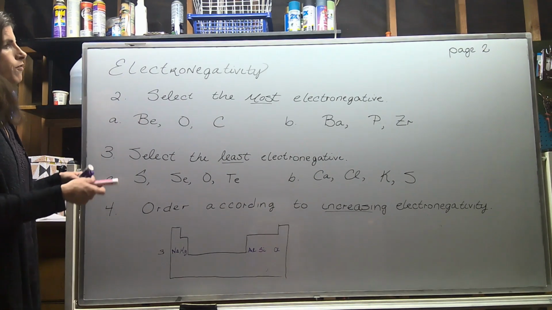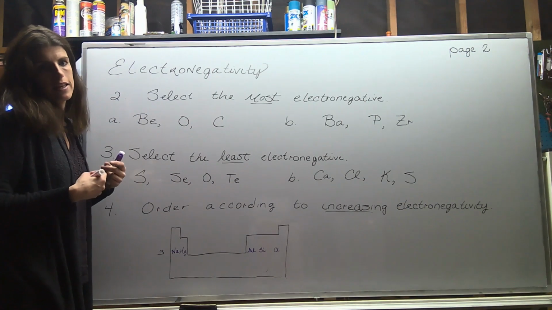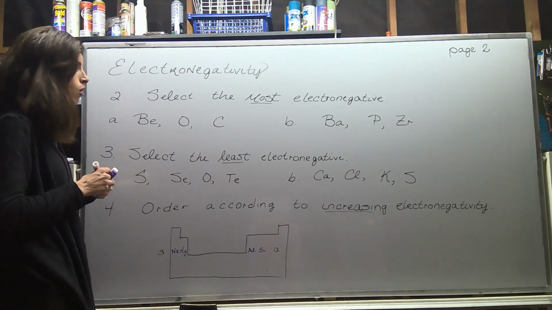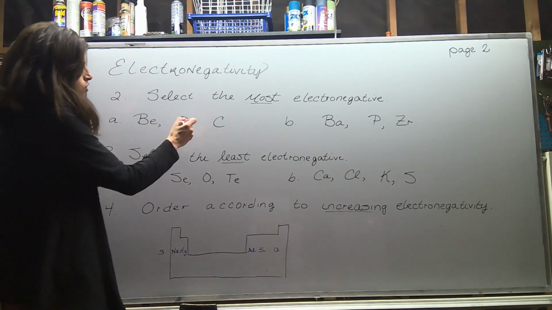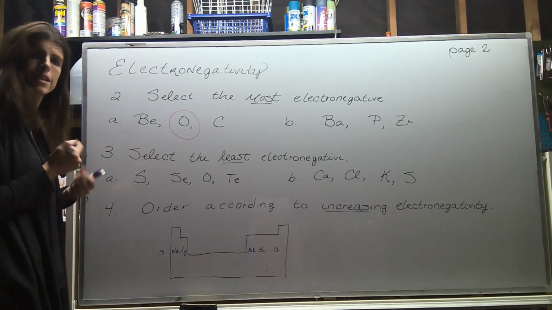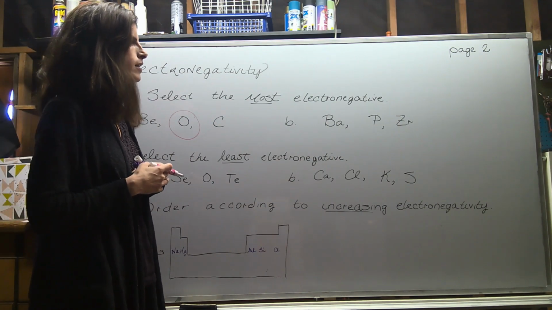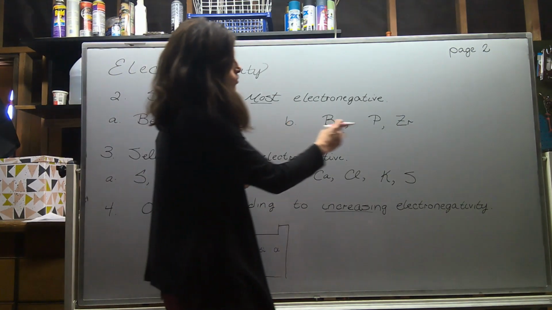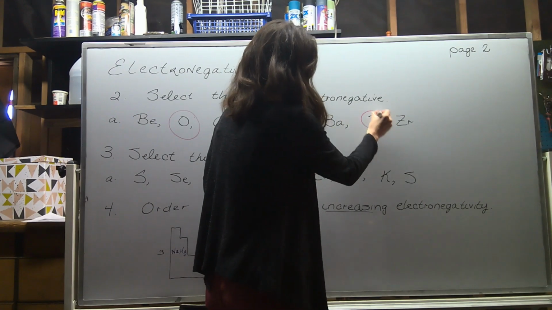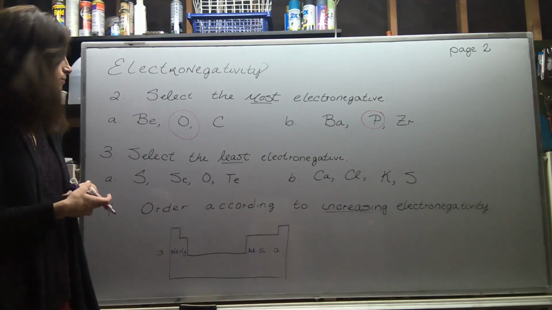So if I'm looking for the most electronegative out of this, I want to pick the element that's closest to fluorine. So here I'm going to pick oxygen because oxygen is super close to fluorine. It's actually the second most electronegative atom on our periodic table. And then of this group, phosphorus is closest to fluorine. So I know that that's the most electronegative.